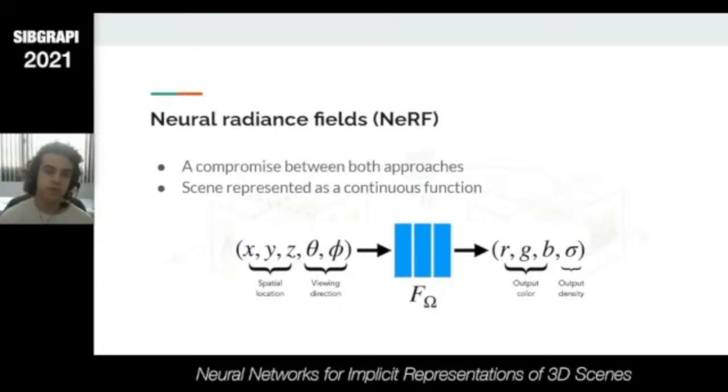So this is similar to the voxel-based approach in the sense that it represents the scene volumetrically and in a fuzzy way, unlike implicit surfaces. But it's also similar to the implicit surface representation in that it's continuous and it has a very low memory requirement, because you're encoding the scene in the weights of a neural network.